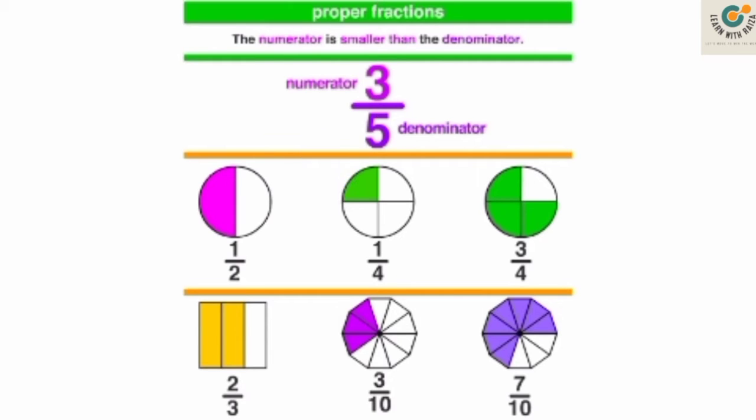Only one part is shaded and you call it 1/4. And the third picture, from 4 equal parts, 3 equal parts are shaded and you call it 3/4. So in all these fractions, it is noticeable that the numerator value is smaller than the denominator. These types of fractions are called proper fractions.